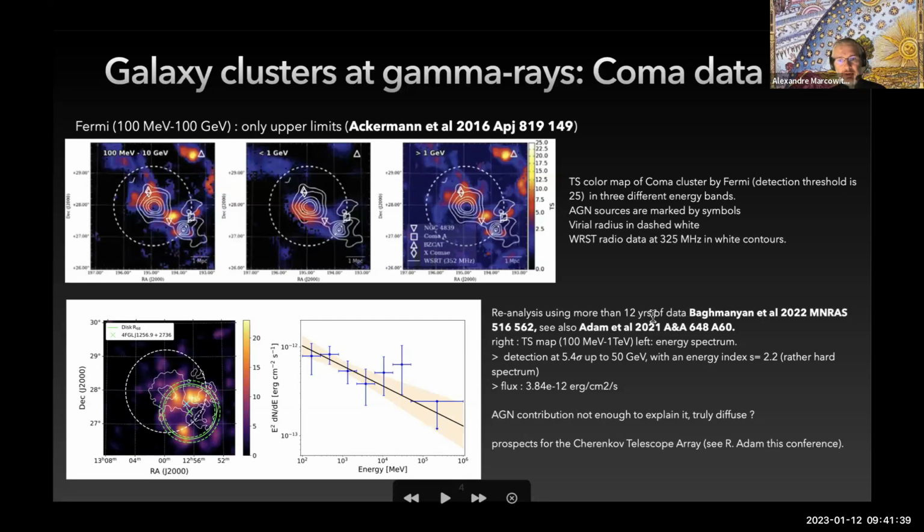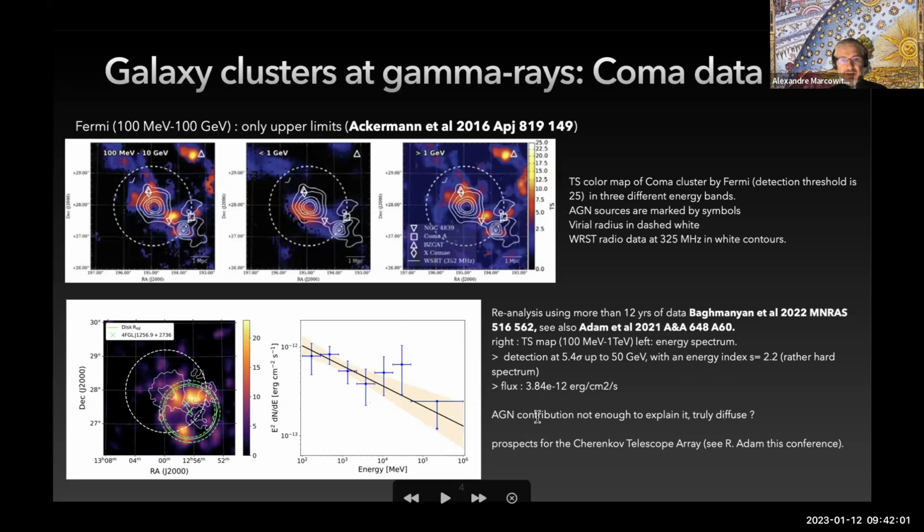But after 12 years of stacking data, there has been a recent publication which shows clearly some detection and a clear power-law spectrum, which is in fact rather hard. The index is 2.2.